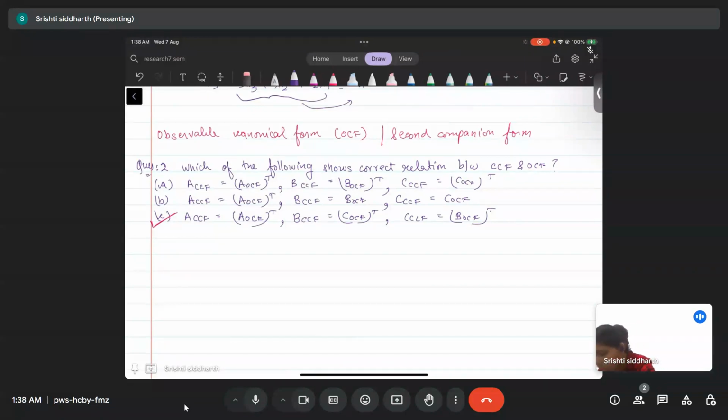Okay. So in other words, if we have just obtained the CCF form, then the way to obtain the OCF form is just the transpose of the A matrix.